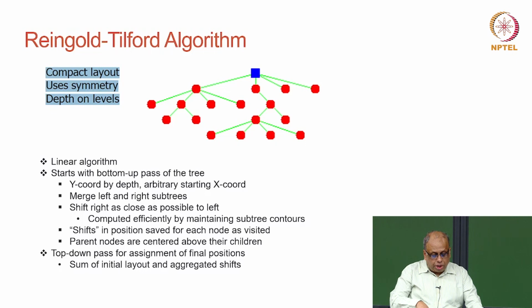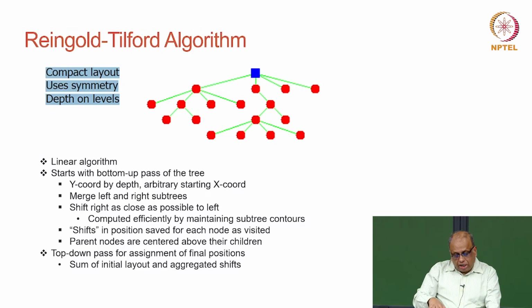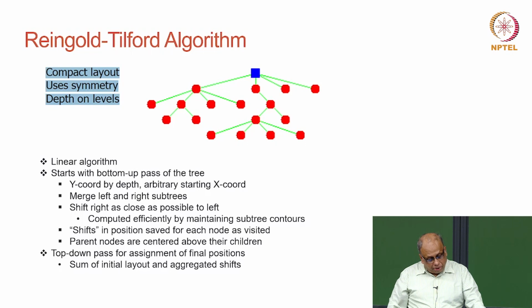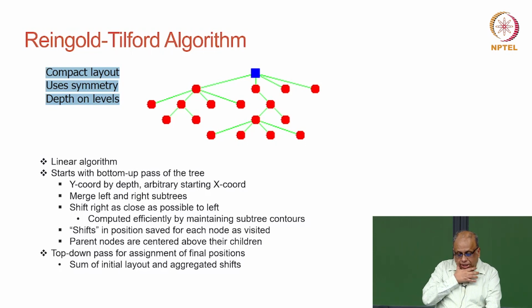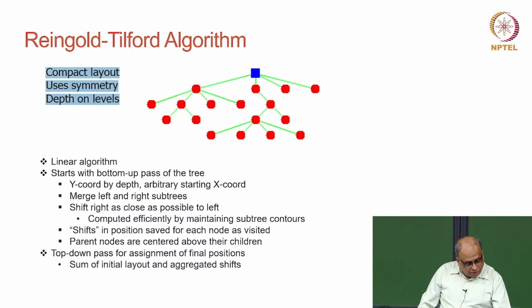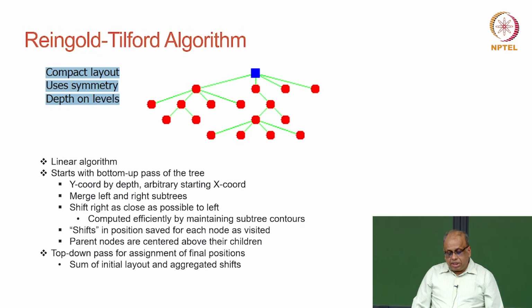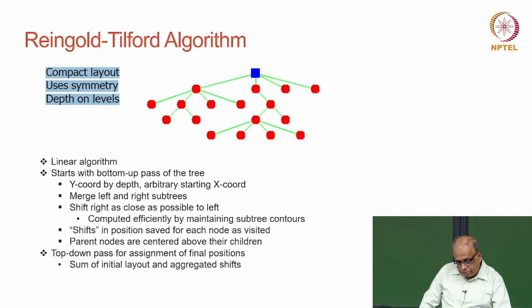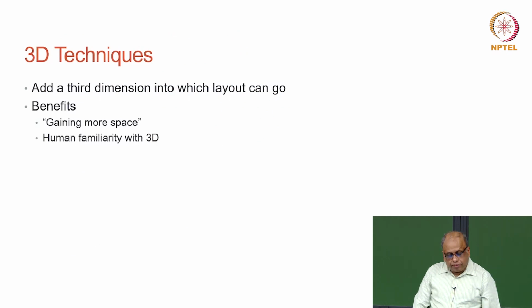Once you have done the bottom-up approach to figure out how many children the different subtrees had, then you do the final top-down pass for the assignment of the final position. So this is how the Rheingold-Tilford algorithm works, and unless the number of children becomes very high, it works pretty well.